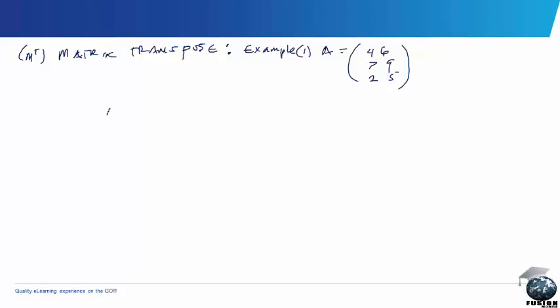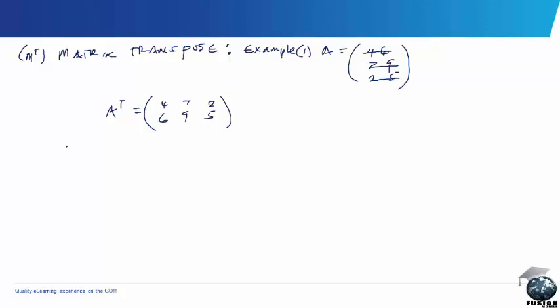The transpose of A is making the rows become the columns. These are my rows, so I transfer them to 4 and 6, and this column changes to 7 and 9, and this changes to 2 and 5. So I have the matrix transpose as this. You can use several other examples, but because of time, we will just manage one example.